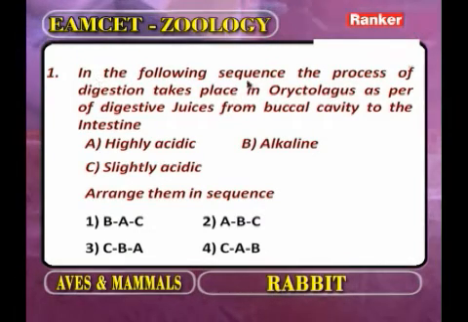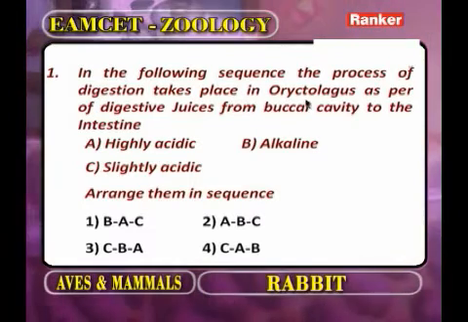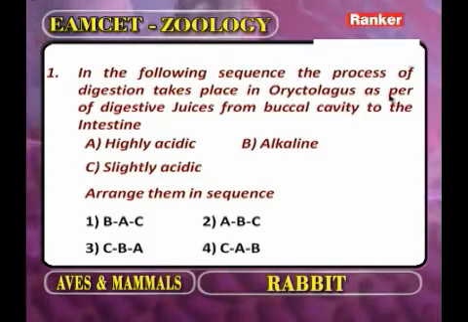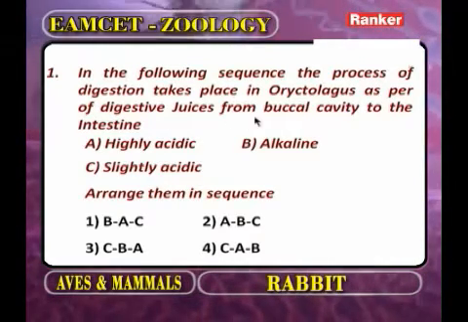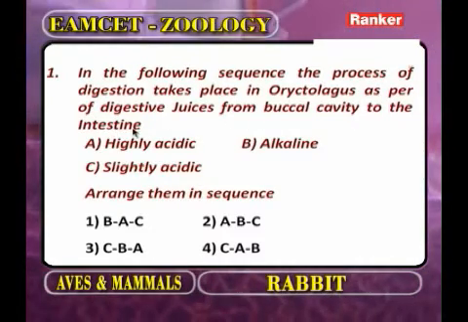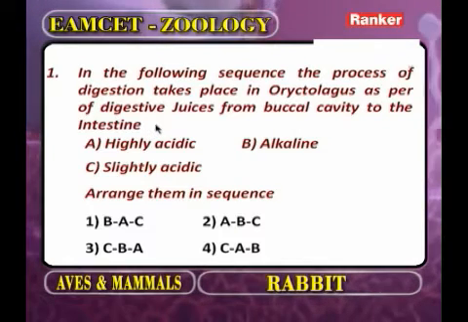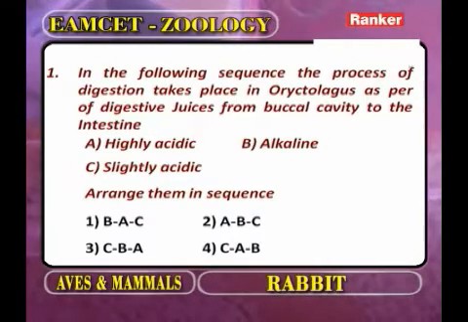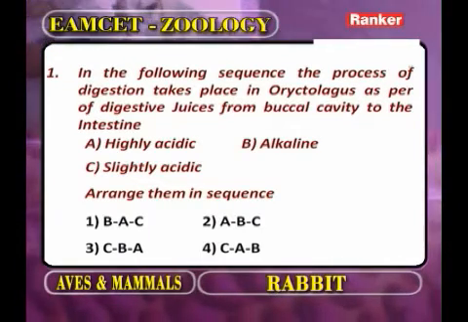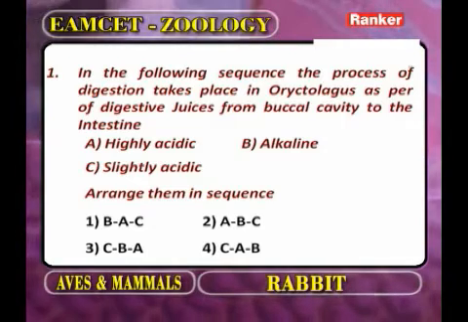In the following sequence, the process of digestion takes place in Oryctolagus as per digestive juices from buccal cavity to the intestine. Again, I am repeating the question. What is the genus name of rabbit?